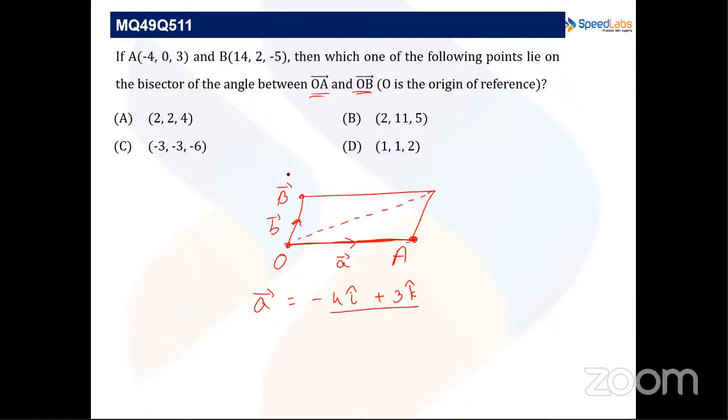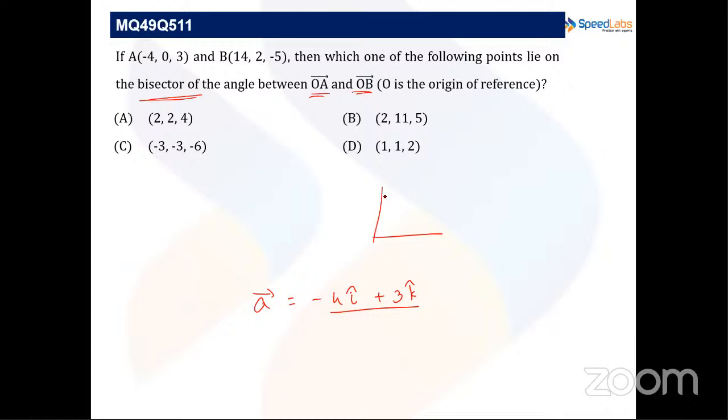But we have to find that it should be the angle bisector. The angle bisector will be the case when the two vectors have equal magnitude. So we have to find the unit vector along OA and the unit vector along OB.